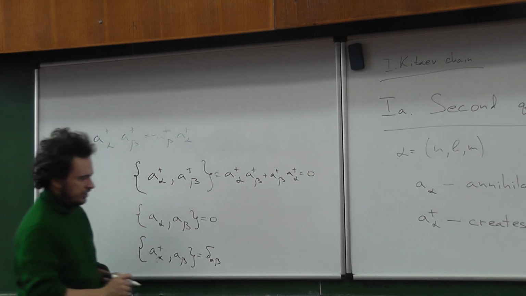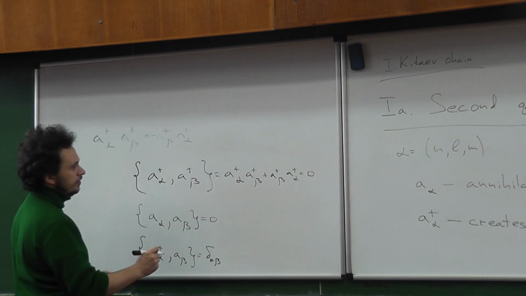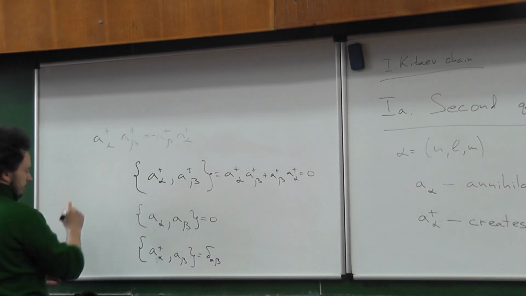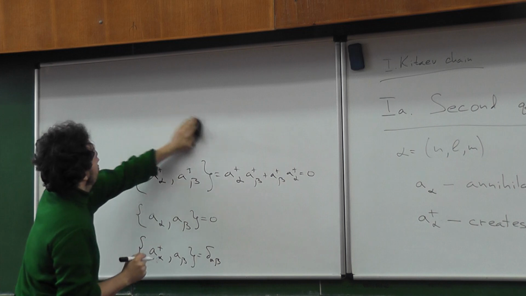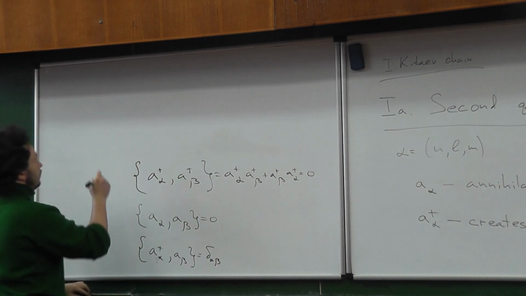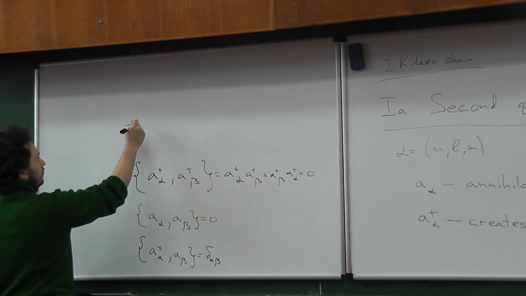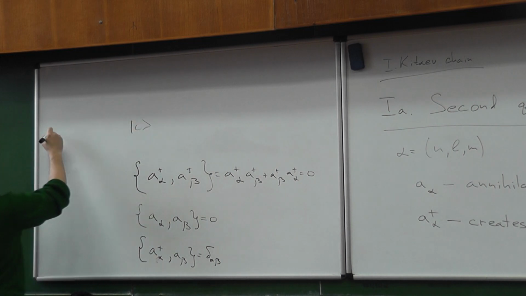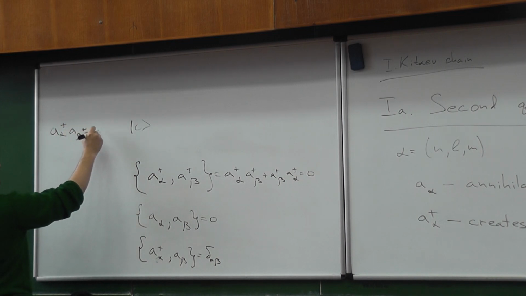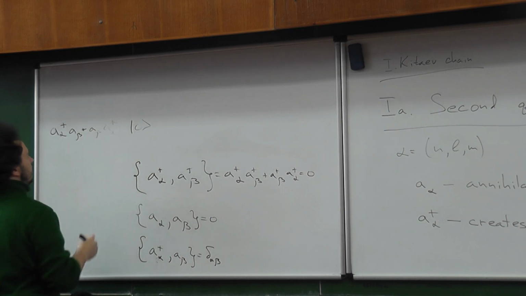Which totally makes sense, because suppose I take a vacuum state and I apply this: A alpha dagger A beta plus A beta A alpha dagger.